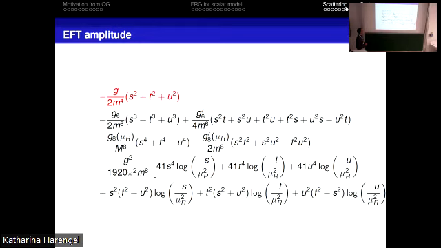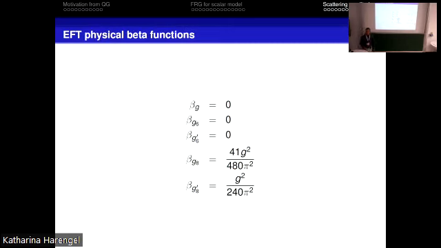There's nothing going like two powers of the Mandelstam variables, so there's nothing that you can interpret as a running of G. A running of G will manifest itself in further terms proportional to s squared, t squared, and u squared. So the physical beta function in this effective field theory regime for G is 0.